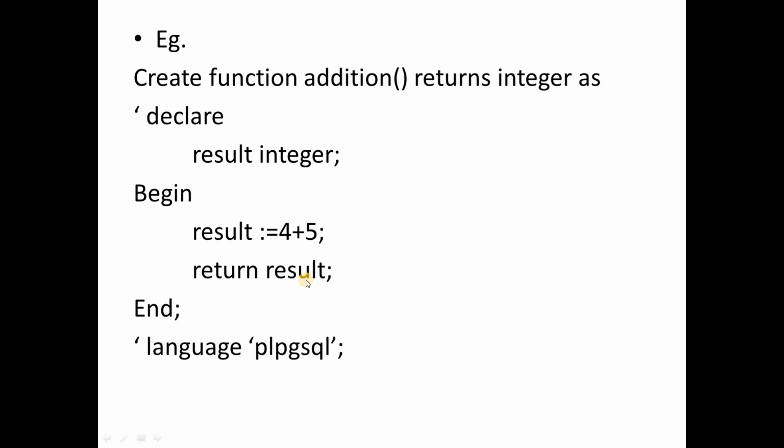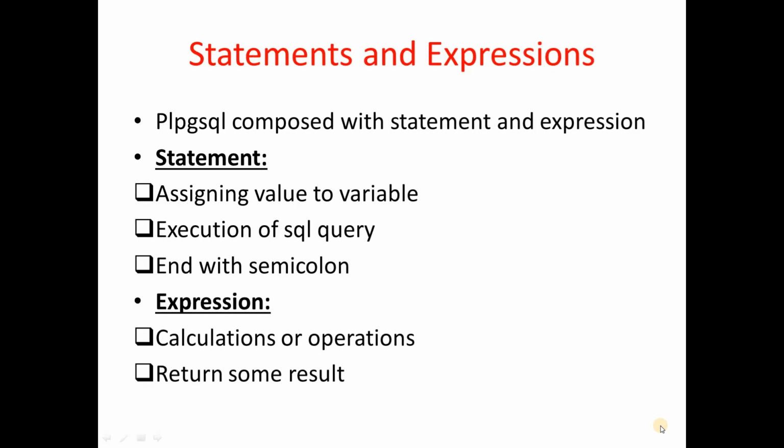I hope you understood this part. Our logic is successfully executed, and that's why this begin block is ended by the end keyword with a semicolon. After that our apostrophe is closed, then the language of the function, language plpgSQL, and it ends with a semicolon. I hope you understood the example.